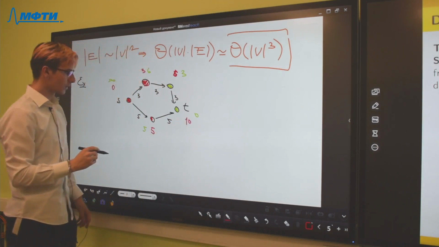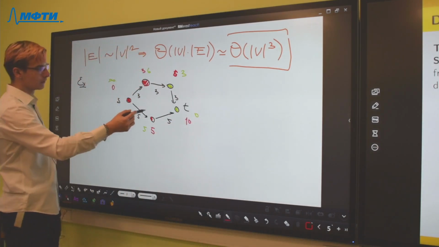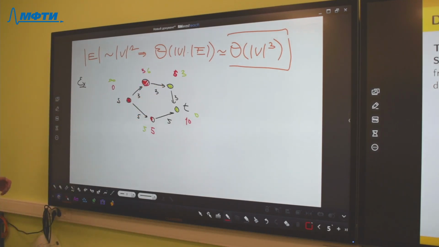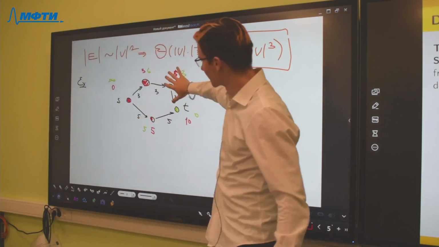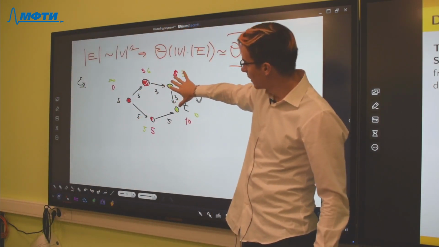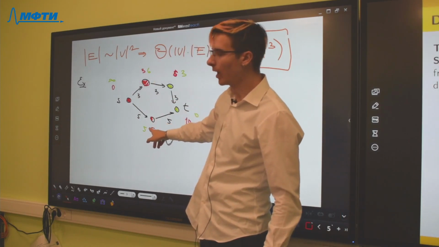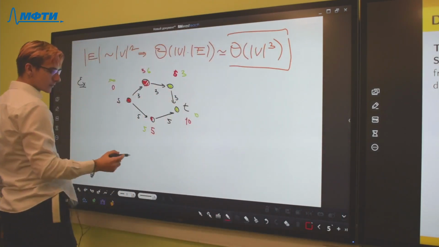Then for the green numbers, we say that we extracted these two vertices and the minimal of these distances is equal to 5. And we extract this vertex too.